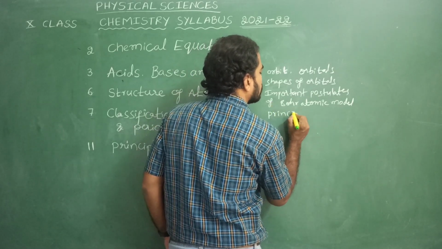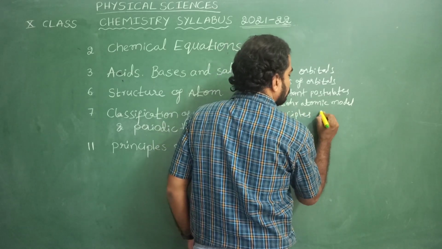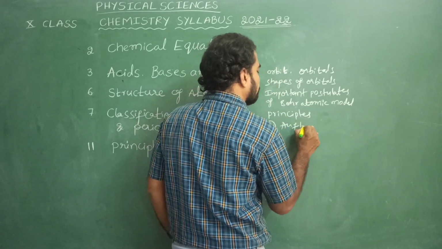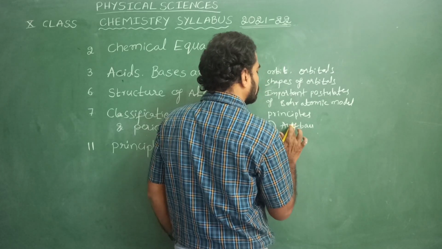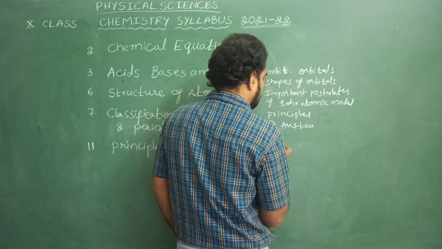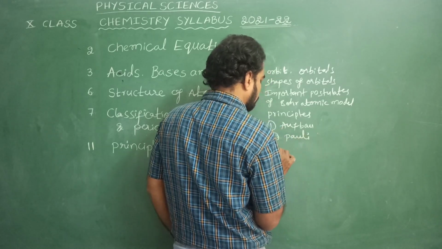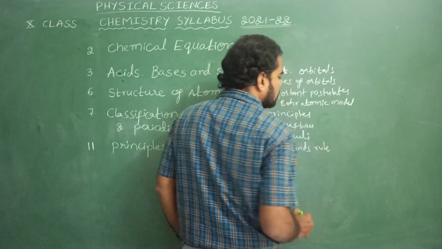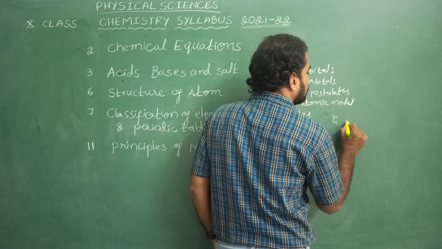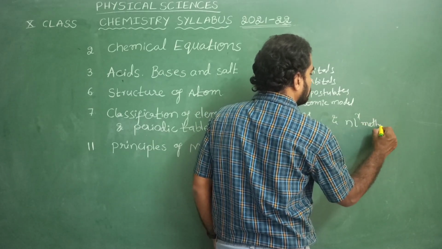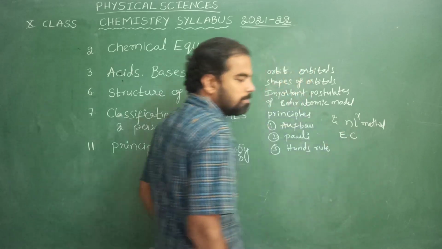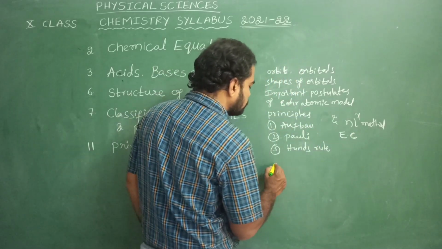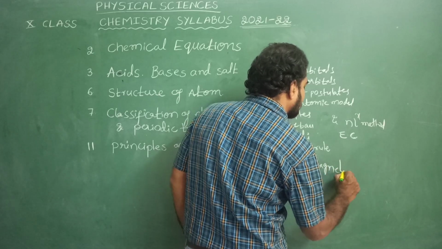principles of Bohr, Pauli, Hund's rule, and the NLX method, representation of electronic configuration, EC means electronic configuration, electromagnetic waves.